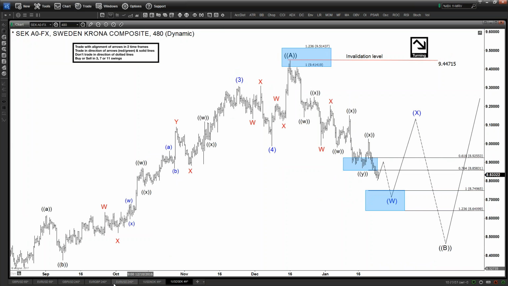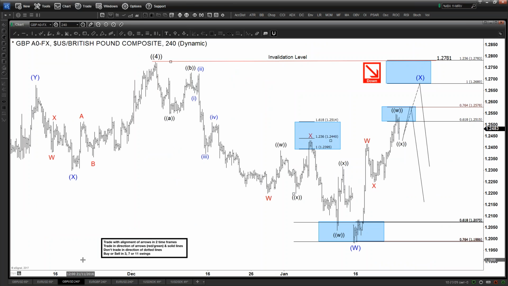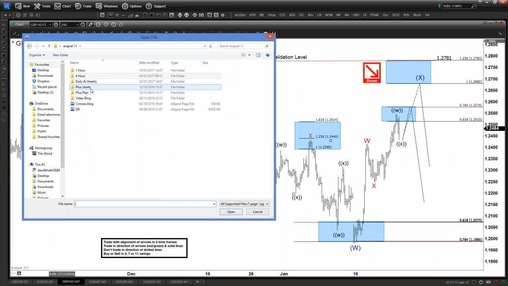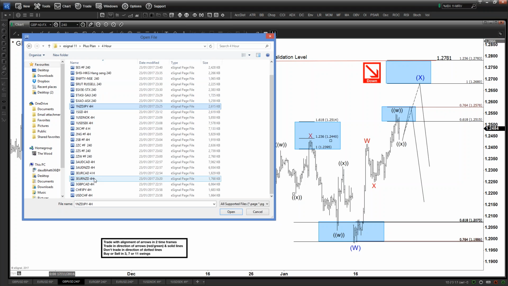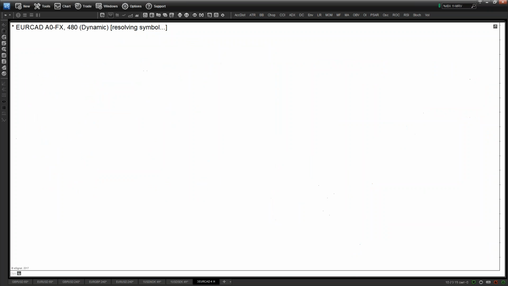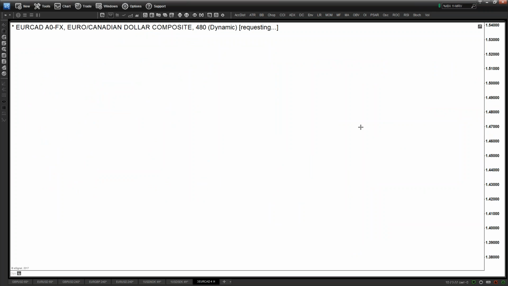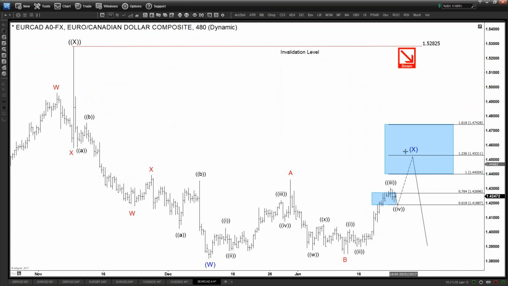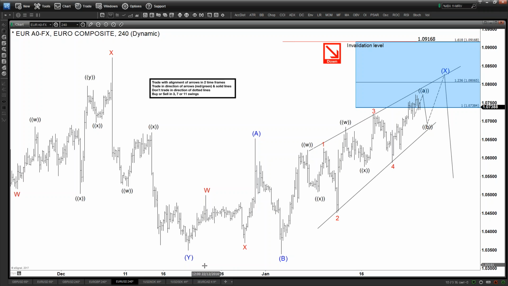But dollar sec isn't, and the pound isn't. So these are the main reasons why we're still looking for one more push lower in the dollar, and of course, we have this euro CAD as well, on the plus side, which is looking for a double from the lows and looking for this equal legs area. Until the euro CAD doesn't reach here, that means the euro shouldn't be that weak and still can make another push higher.